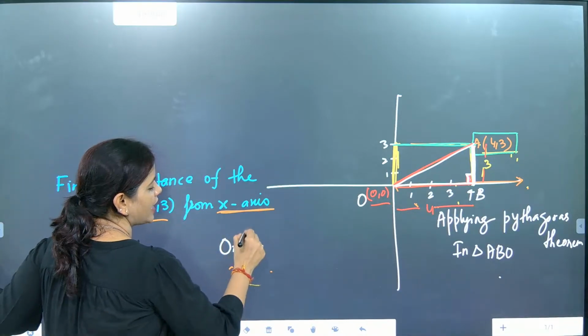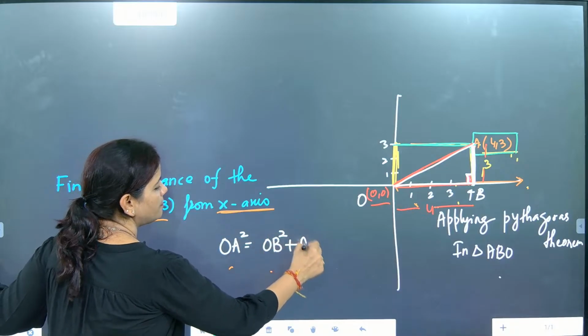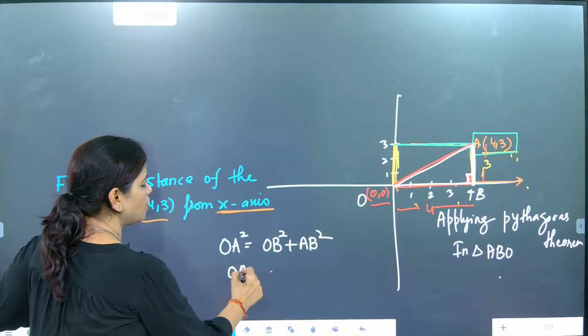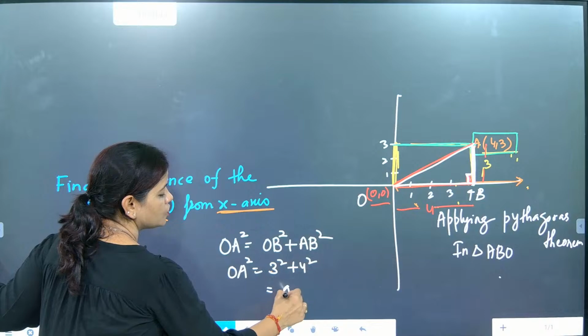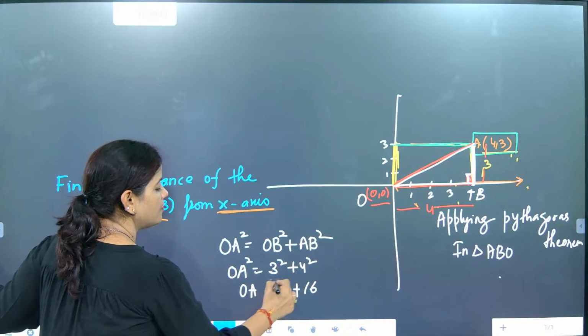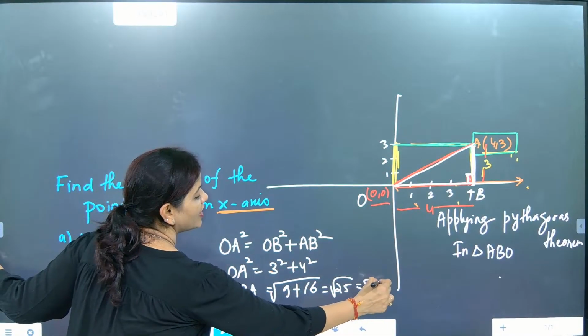The longest side hypotenuse square is equal to perpendicular square plus base square. So now, beta, what is OA? We will write OA square is equal to 3 square plus 4 square. So 9 plus 16. Now, beta, OA will become root under 25. It will become 5 units.